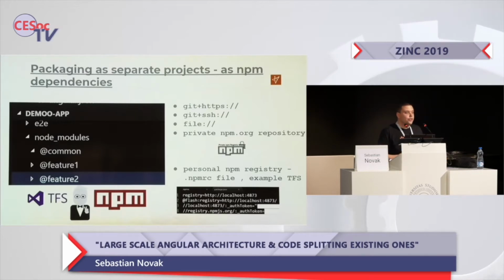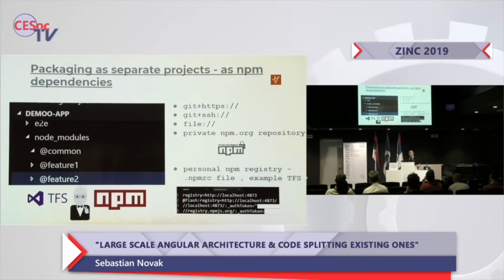And the final one used in large organizations is the personal npm registries. This is an approach used mostly by companies that rely on Team Foundation Server, that use C# and .NET technologies. Team Foundation Server can store all of your packages and act as a npm registry.